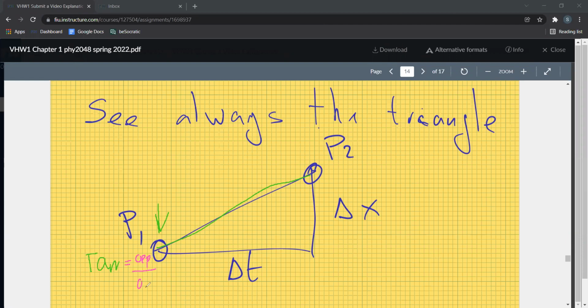Your opposite in this case is this line right here, and your adjacent is the line closest to you that's not the hypotenuse, which would be this one. So the tangent of this angle would be your slope formula, which is change in x over change in t.